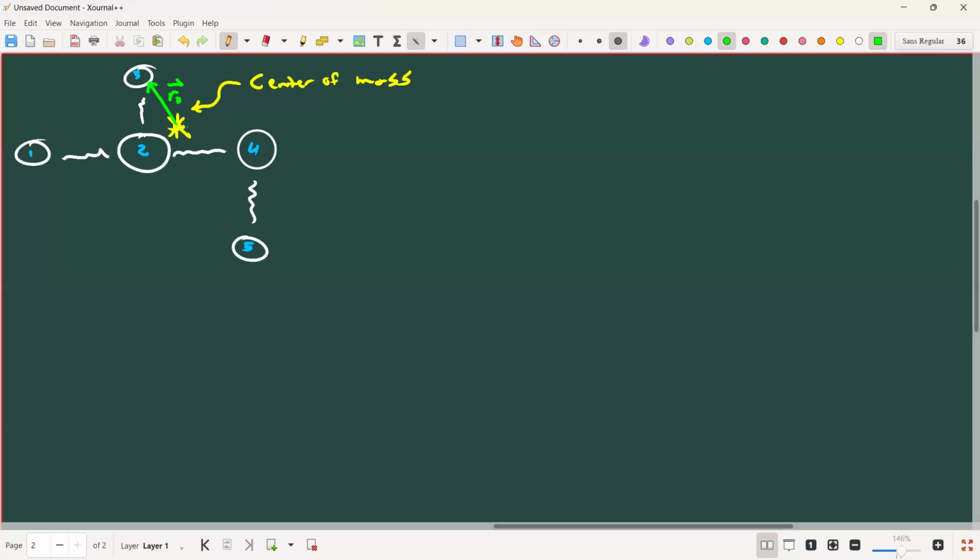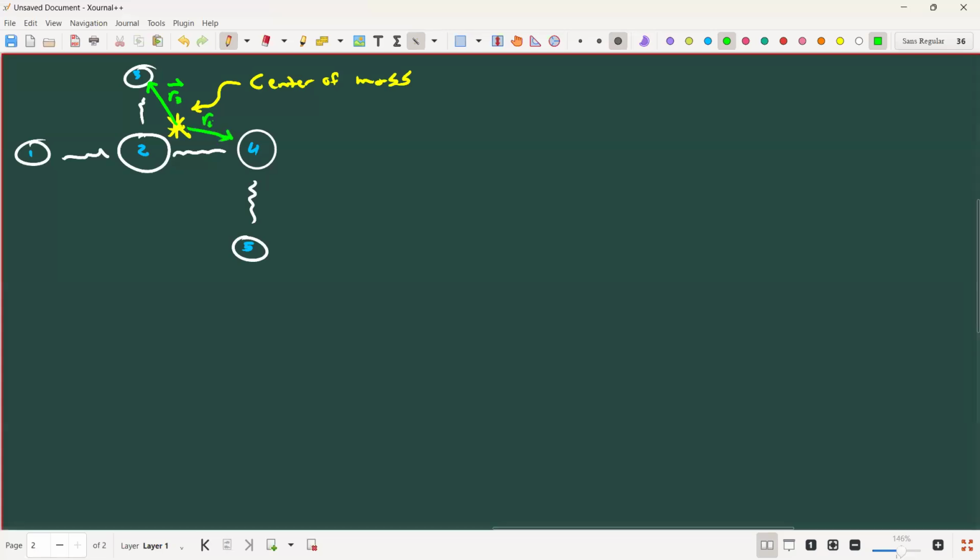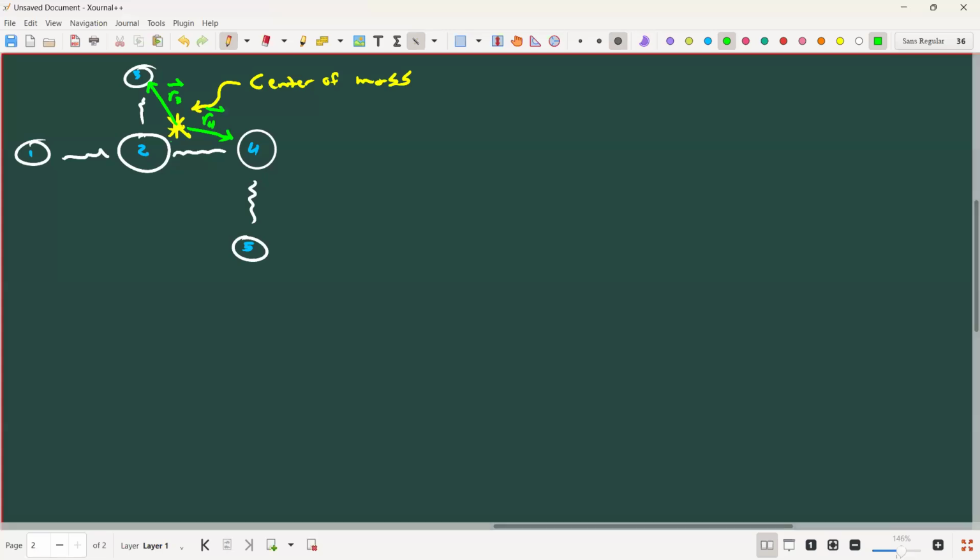It's just a vector that points to each of the atoms. So we have these vectors pointing to all the atoms, and each vector is a three-dimensional vector. It's got 3 components. This is 3D space.